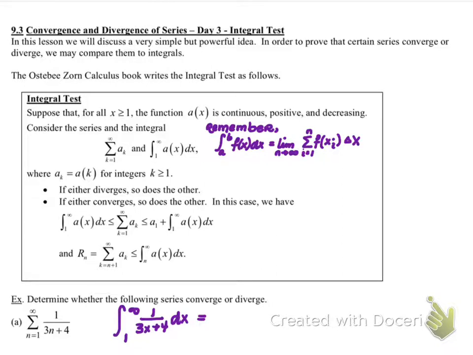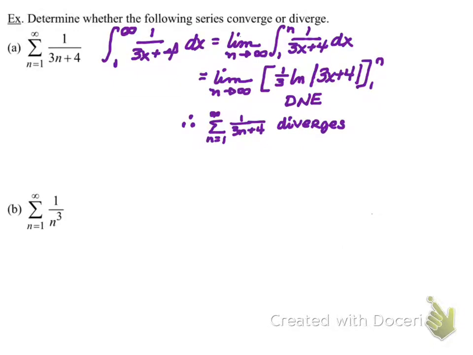Anyway, you come down to the first example, and we have this sum, which we're not going to know the sum of. So we look at the integral to compare. And when we compare the integral, we see that that integral, in fact, does not have a limit. Therefore, the sum diverges.